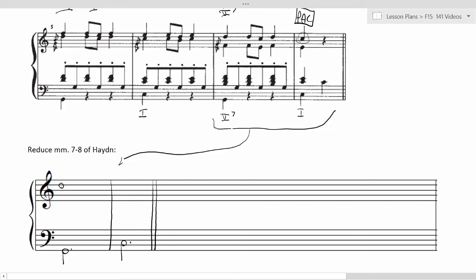I've already got a D and an F, so I'll exclude those. Okay, we need a B still though. So I've got a B in the tenor, and that moves up to C here, right? So we've got Ti in the tenor, Fa in the alto, Fa goes down to Mi in the alto, and Ti goes up to Do in the tenor.